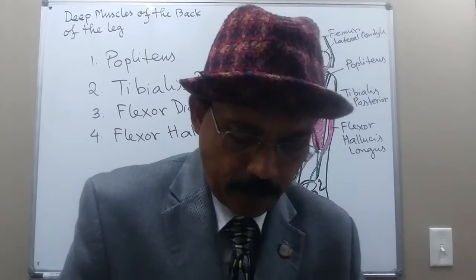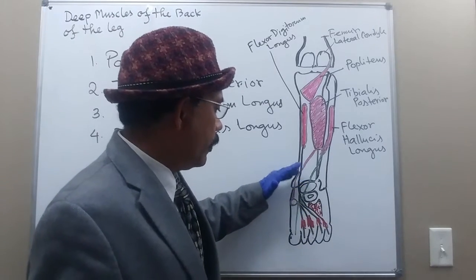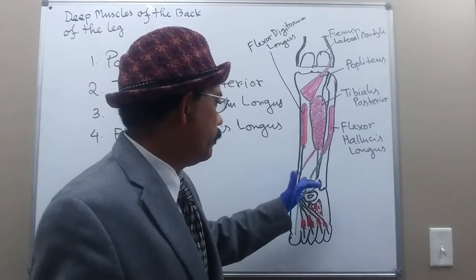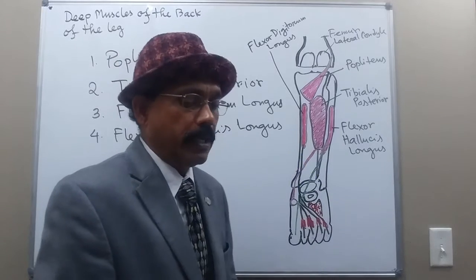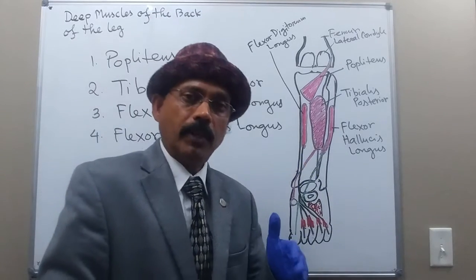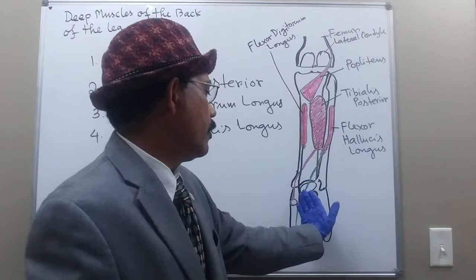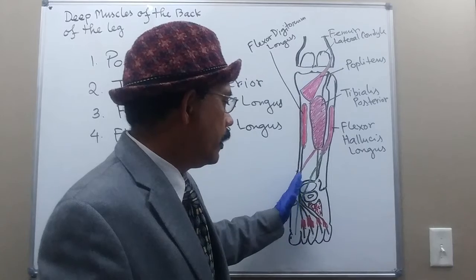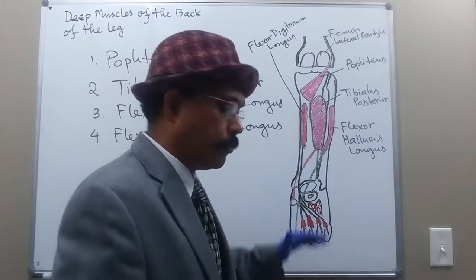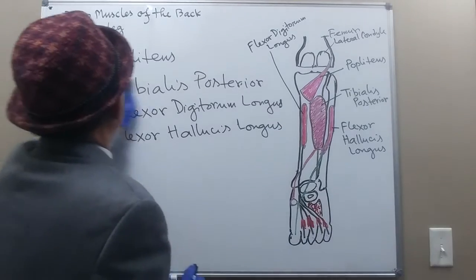Just below the medial malleolus, between the tibia and calcaneum, there is a flexor retinaculum. The tendon passes underneath the flexor retinaculum. Then it goes to the sole.